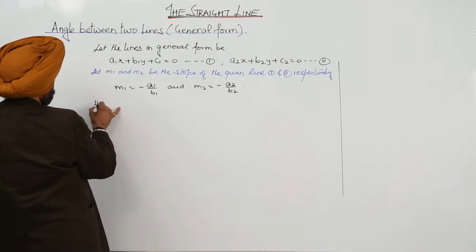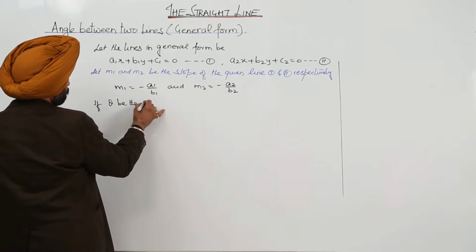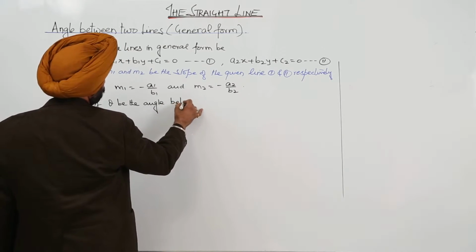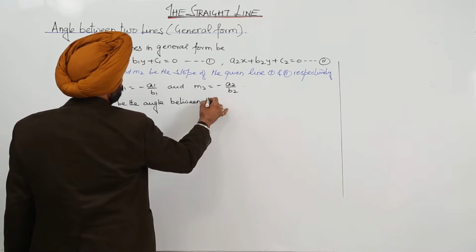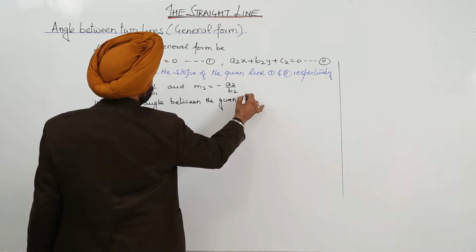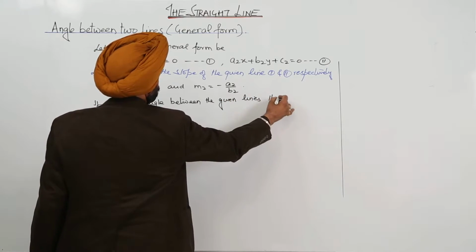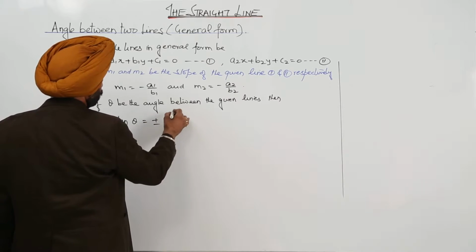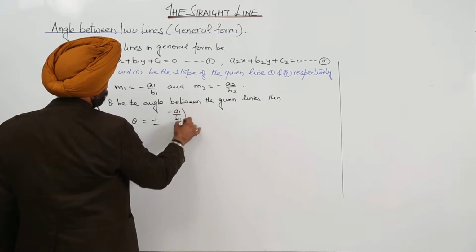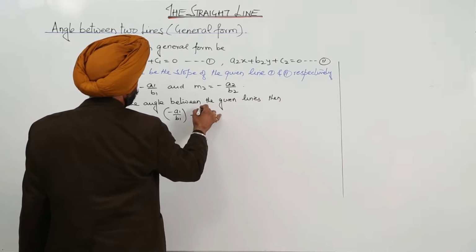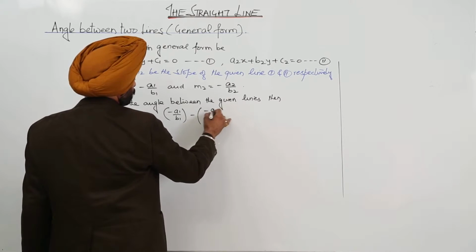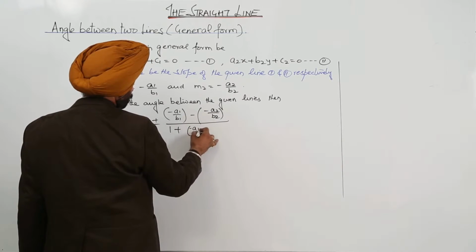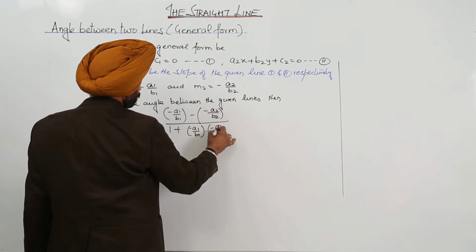Now, if theta is the angle between the given lines, then tan theta is equal to plus minus negative of a1 upon b1 minus negative of a2 upon b2, upon 1 plus negative of a1 upon b1 times negative of a2 upon b2.